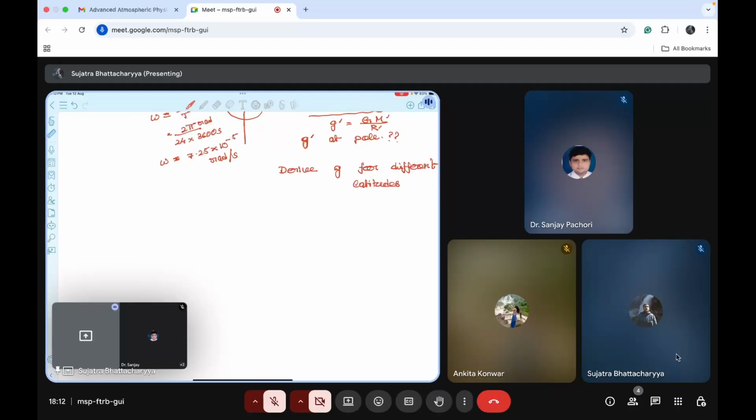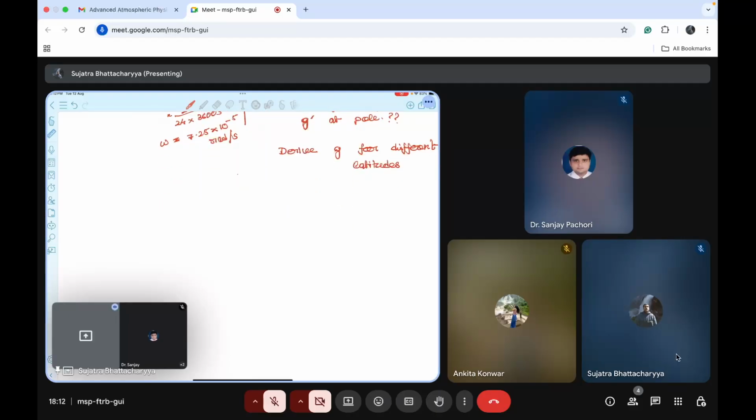I have already shown it, but let me derive it once more so that it is clear with the question. Let us consider the case of Earth only initially, then we will see. So this is your equator, 0 degree, and let's say this is some angle phi. This phi is the latitude.